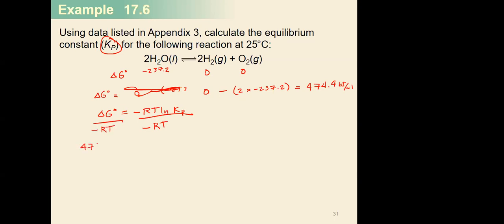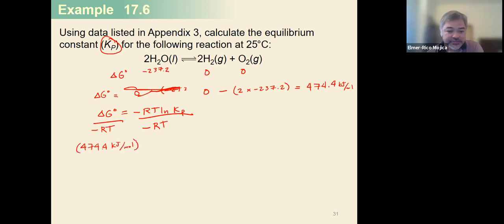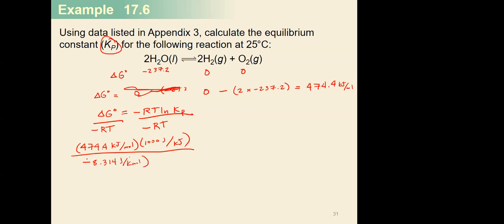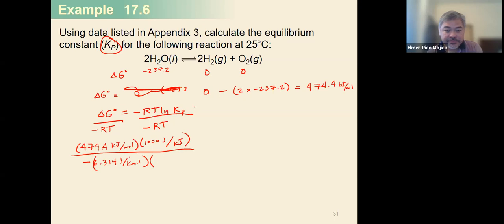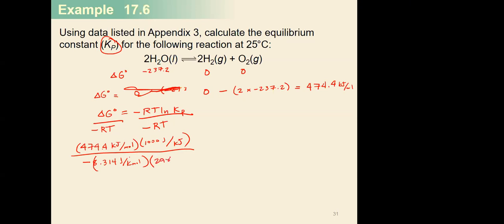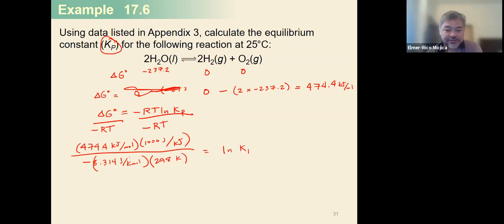So I have 474.4 kilojoules per mole, which I can multiply by 1,000 joules per kilojoule, and divide by negative 8.314 joules per K mole, times the temperature, which is 25 degrees Celsius, so that would be 298 Kelvin. What do you get?